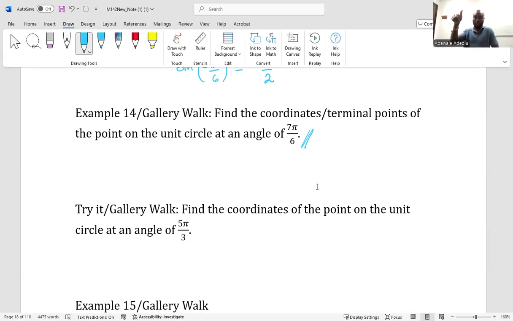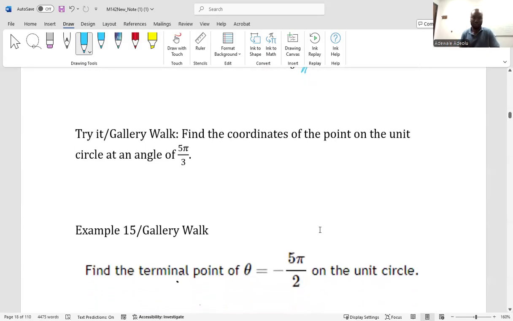Pi over 6 is 30 degrees, 7 of that is 210, so you can know where that falls. Or you can move 30, 30, 30 until you get to 7 of that.